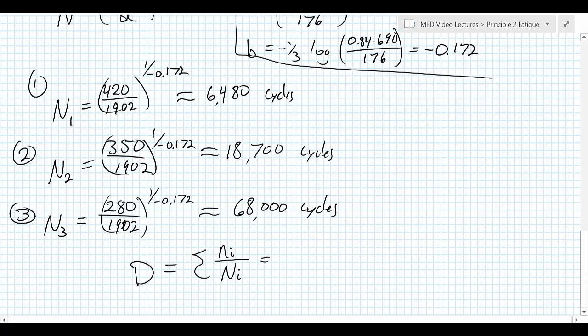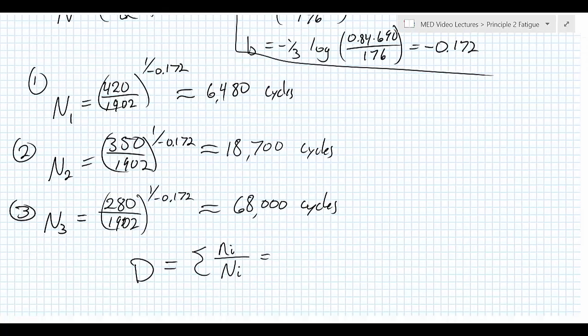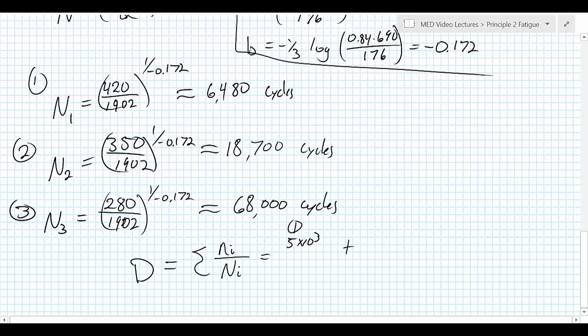So recall that we said we wanted this part to last at the first level of loading 5,000 cycles. At the second level of loading, we wanted it to last 20,000 cycles. And at the third level of loading, we wanted it to last 30,000 cycles.